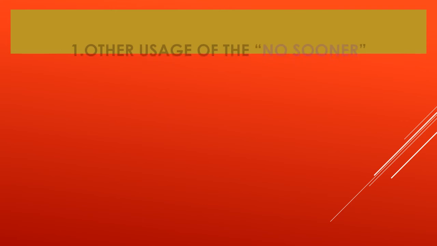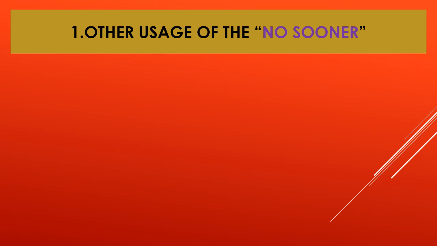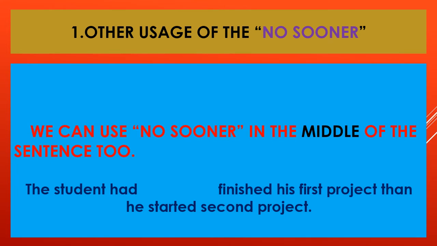Yes, students. In the previous example, we have used no sooner at the beginning of the sentence. We know well the no sooner can be used in two ways. It can be used at the beginning of the sentence or it can be used in the middle of the sentence, means some other place of the sentence. Let us see how can we use.